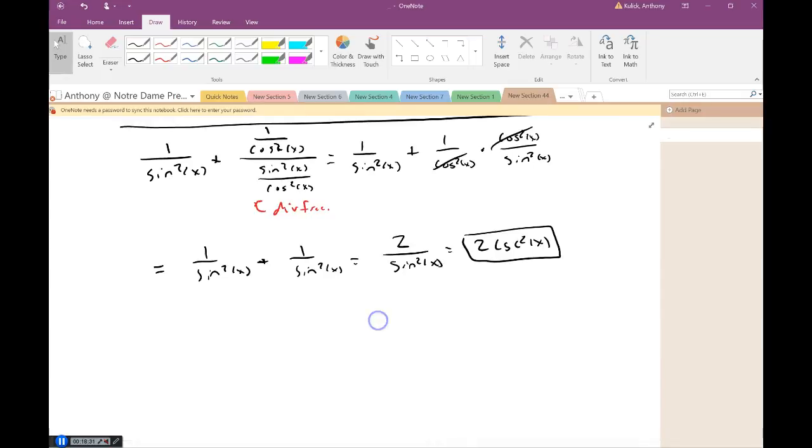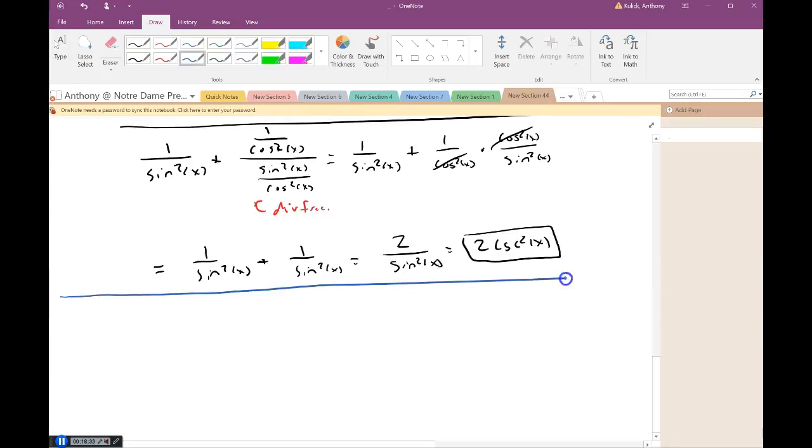Let's do it a third way, just to kind of cover our bases here. So maybe you said, well, I'm going to start by just making common denominators. Nothing wrong with that approach.